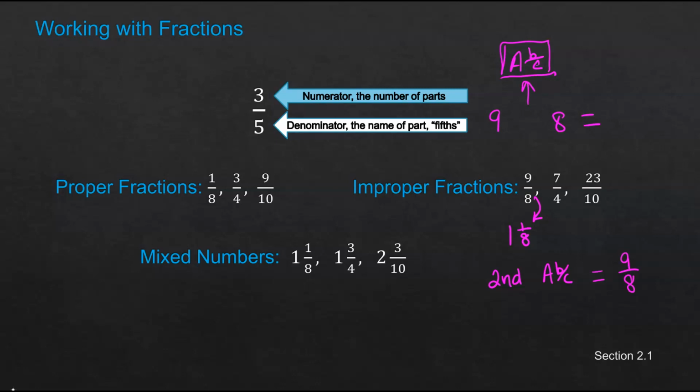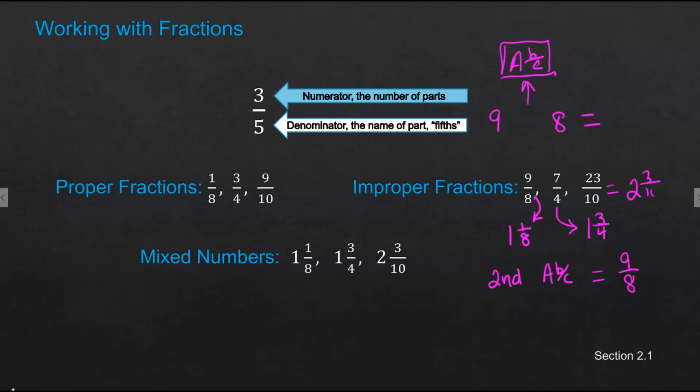If you wanted to do this without your calculator, which, you know, that's fine. For instance, 7/4 is, let's do that one. That is 1 3/4 because 4 goes into 7 one time with 3 left over. So that's where the 3/4 comes in. 23/10 is 2 3/10, because 10 goes into 23 2 times with 3 left over.